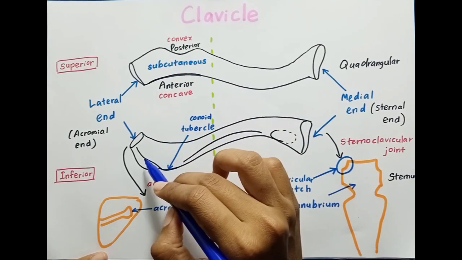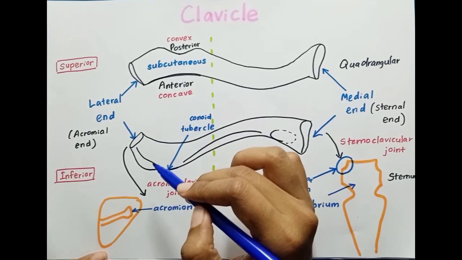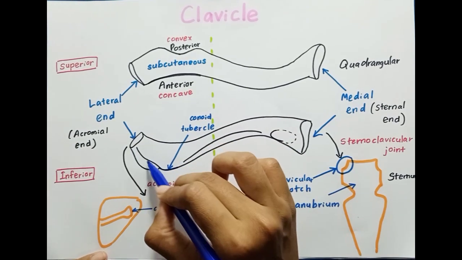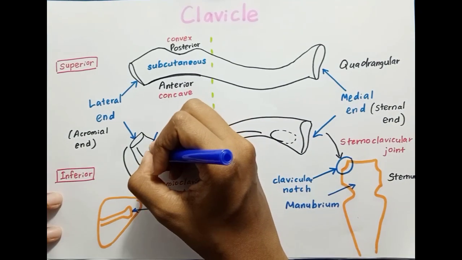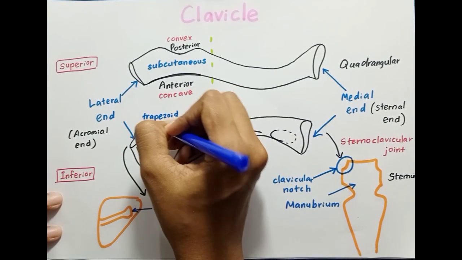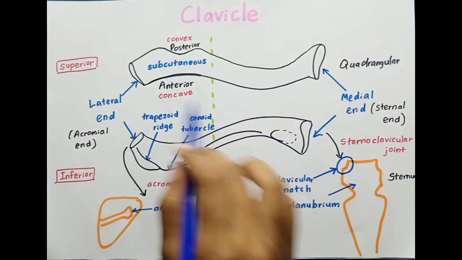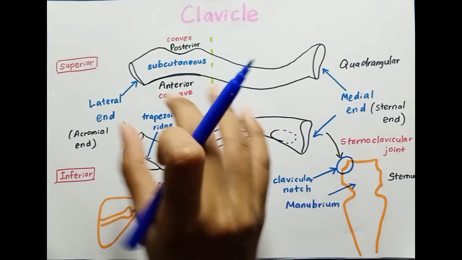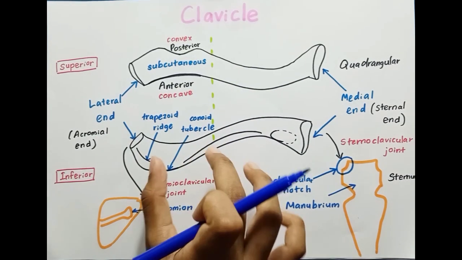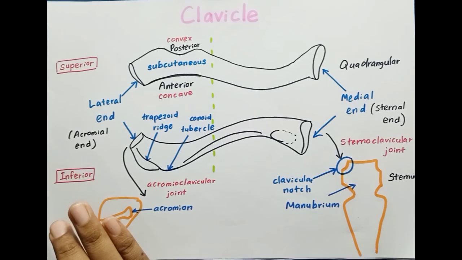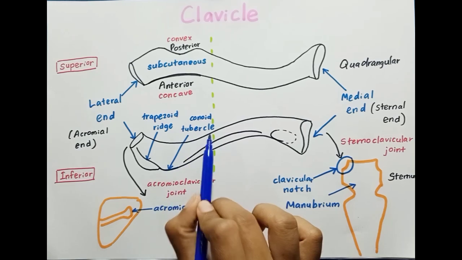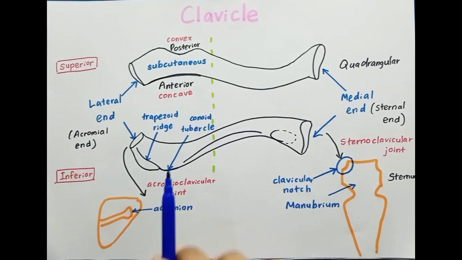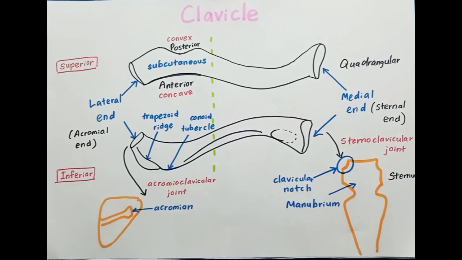And there's a ridge called the trapezoid ridge. You can see here a ridge. It is known as the trapezoid ridge. So this is very important. It is in the inferior surface of the clavicle in lateral 1/3 of the shaft. Here the mountain shape like elevation is known as conoid tubercle and the ridge is known as trapezoid ridge.